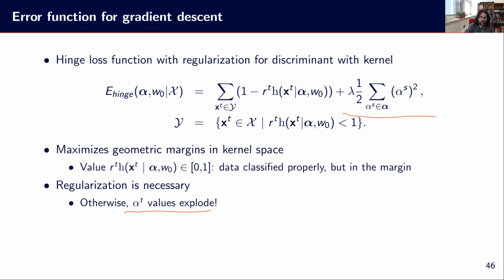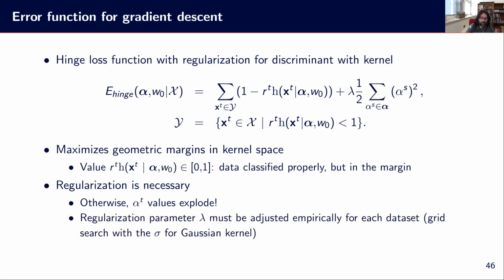That may be a solution for getting this to be correct, but that is not a good solution overall. So we need to control the alphas. In fact, we need to regularize them. And the value of lambda here needs to be adjusted empirically. There are no good values. So some kind of grid search over this lambda and the sigma of the kernel is required.